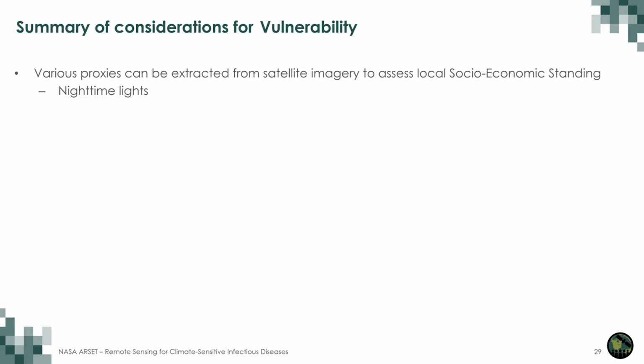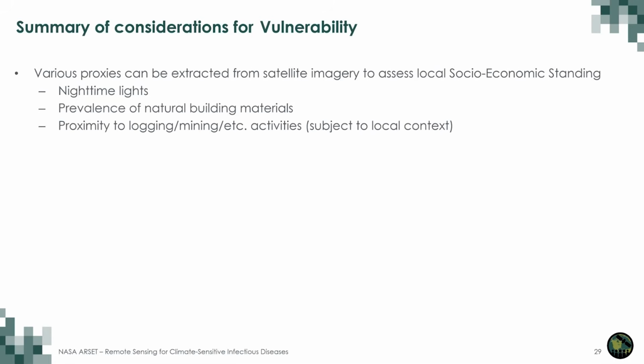And again, depending on the setting of your particular area, you could use nighttime lights to estimate just how economically robust your area is. You could use prevalence of natural building materials. The more man-made materials are found, the more robust this area usually is.